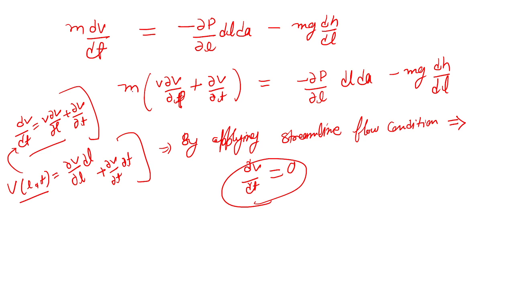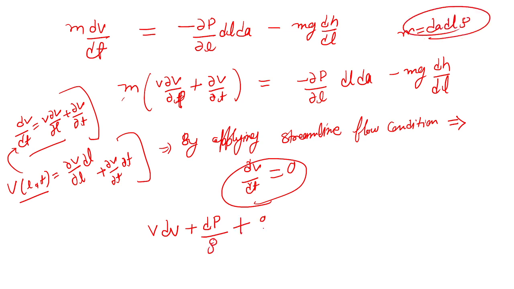By putting this condition in this equation, we will get V dV plus dP over, I am also putting the mass here, the value of mass we got early in this video, that was dA dl rho, the density. So this is the equation that we got, plus g dh is equal to 0.